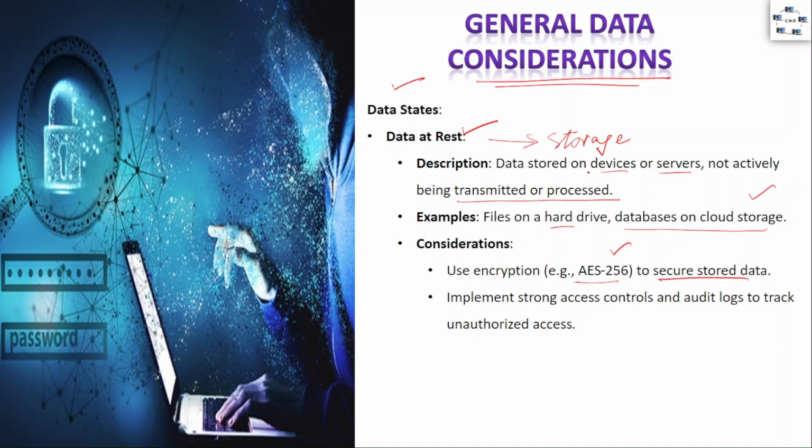For example, if you have a hard drive on your laptop or PC, you can use the BitLocker to encrypt your data. Implement strong access controls and audit logs to track unauthorized access.